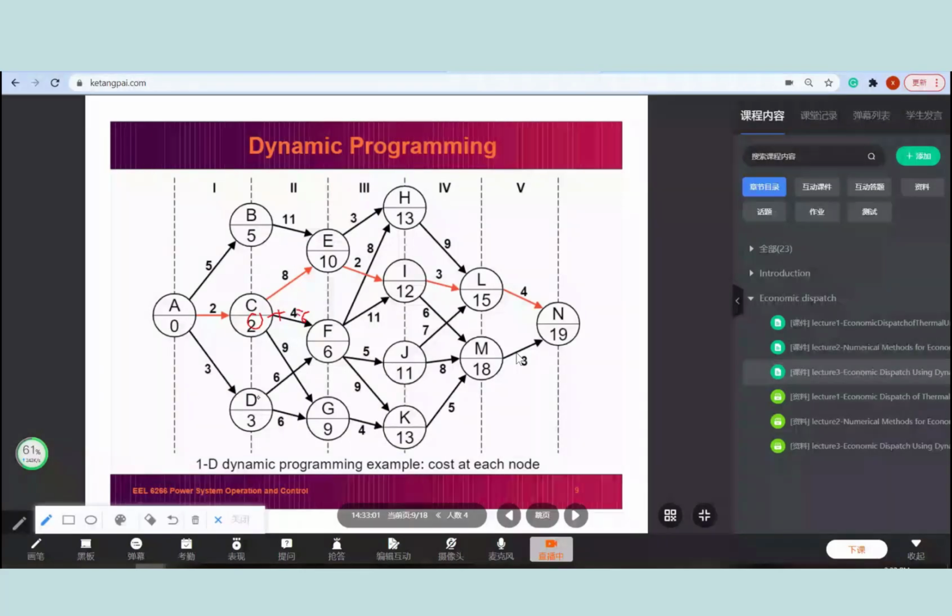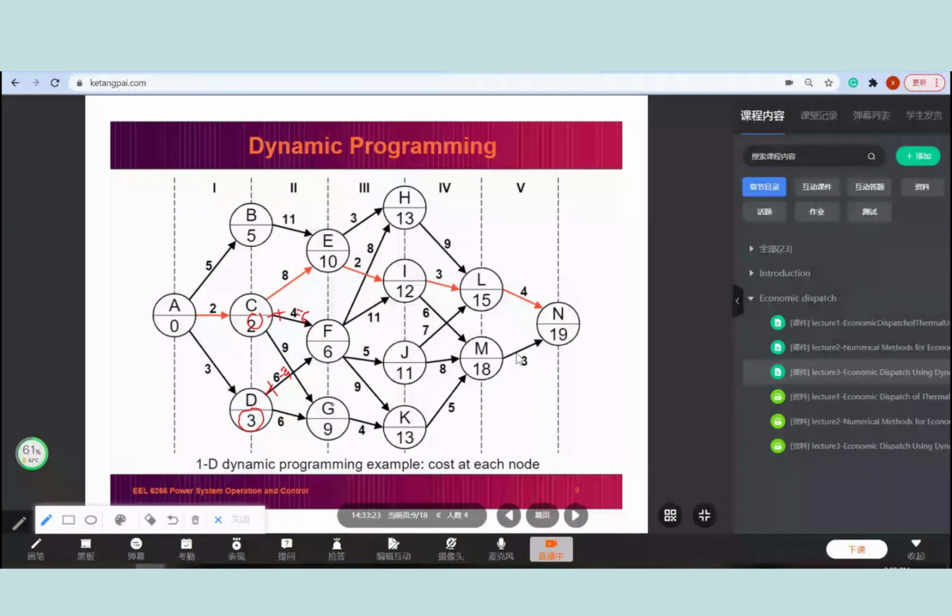If you travel from ADF, because for D point the minimum is 3, 3 plus 6 equals 9. So if you travel C to F will be 6, D to F will be 9. So the better one is this one. Okay, so we just record the number here, 6.